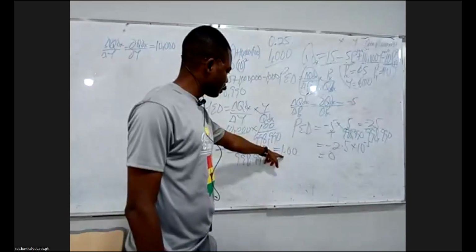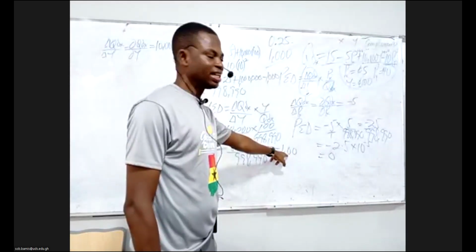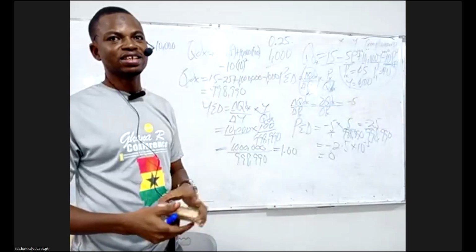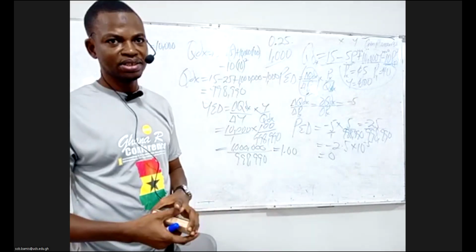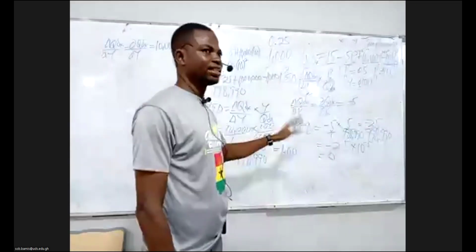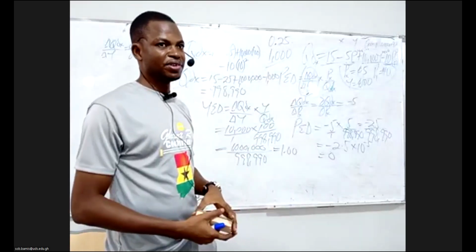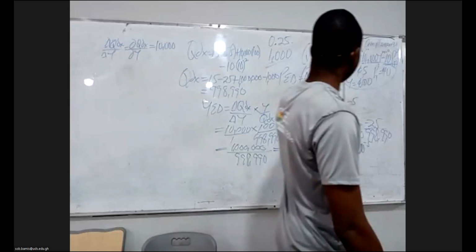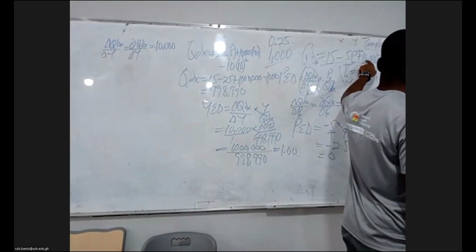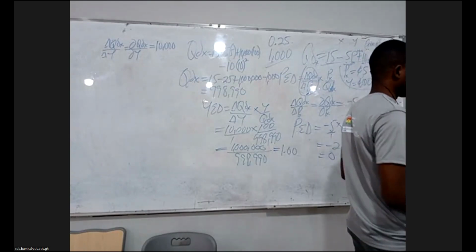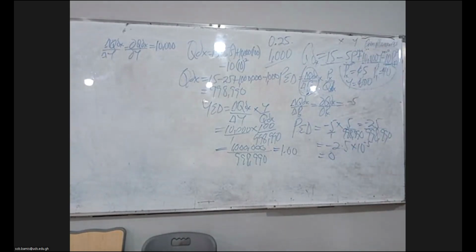However, when the value is negative, it means the good in question, product X, is an inferior good. So anytime you calculate your income elasticity of demand and the value turns out to be negative, then the good in question is an inferior good. And you can see that already from the model as we did. When the coefficient of income is negative, the good is an inferior good. When it is positive, the good is a normal good. I think we can continue.